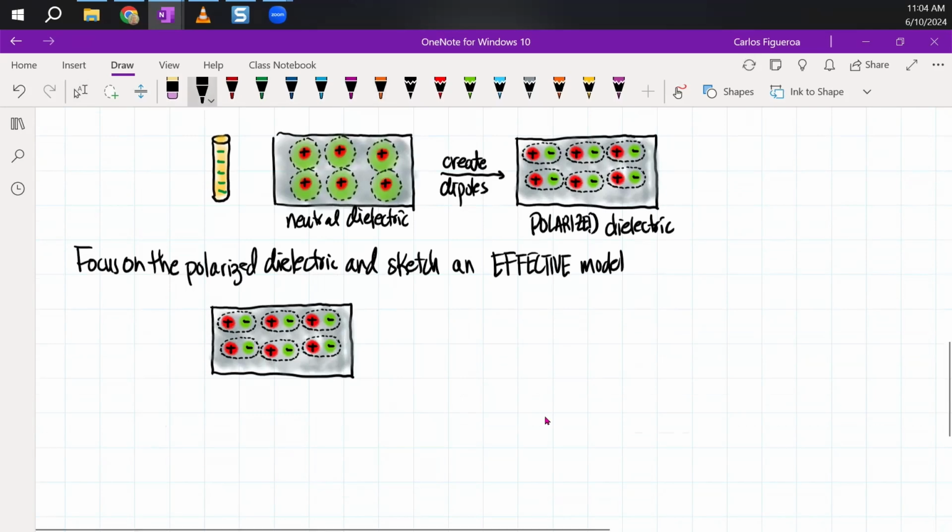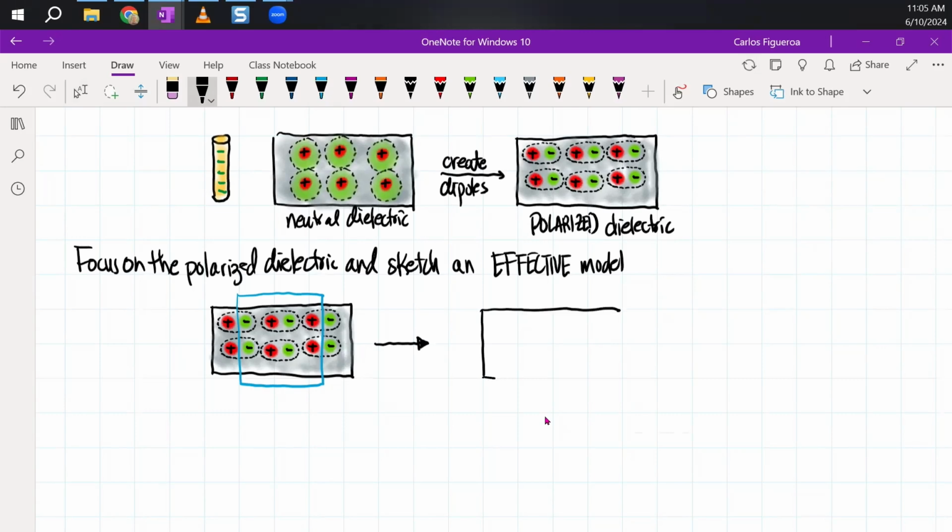Now, what I'm going to do is that I'm going to come in with my blue. And if I look at the inside, like this, what you're finding here is that what happens to these charges is that I end up creating a surface charge.